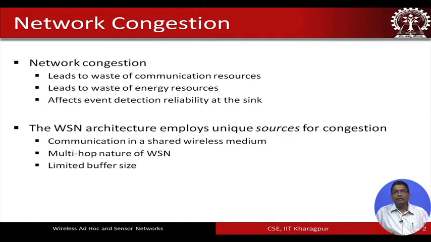This is due to the fact that congestion typically leads to packet drops, which is undesirable and is going to decrease the overall reliability of packet delivery to the sink or the intended destination node.